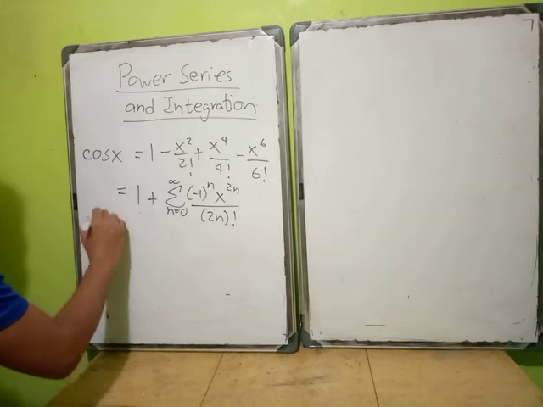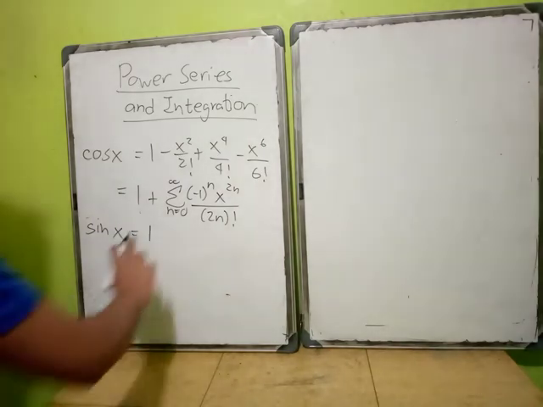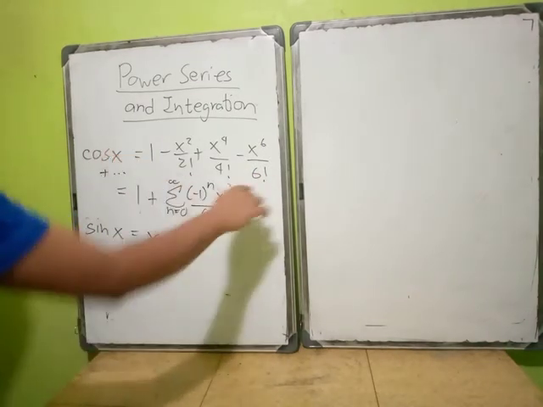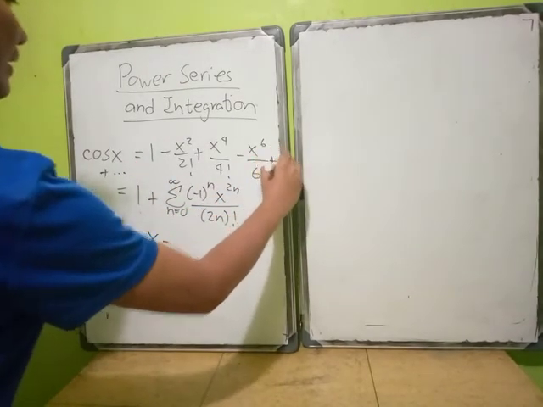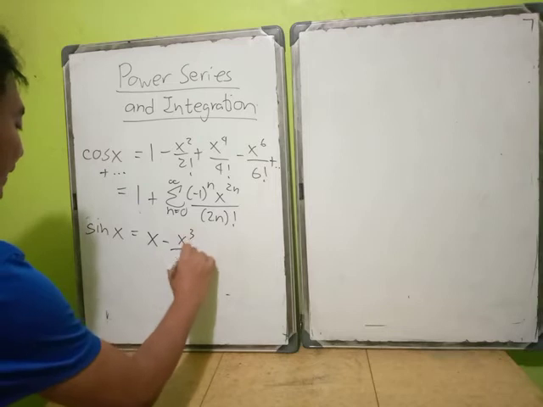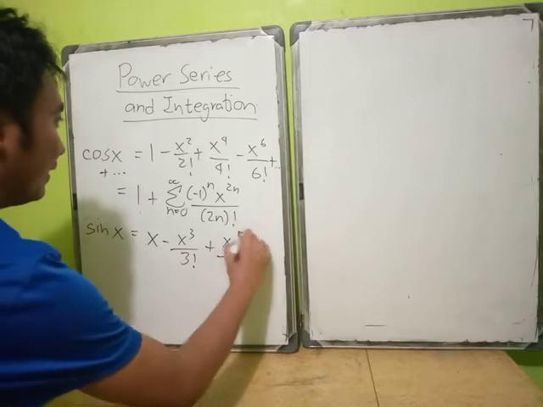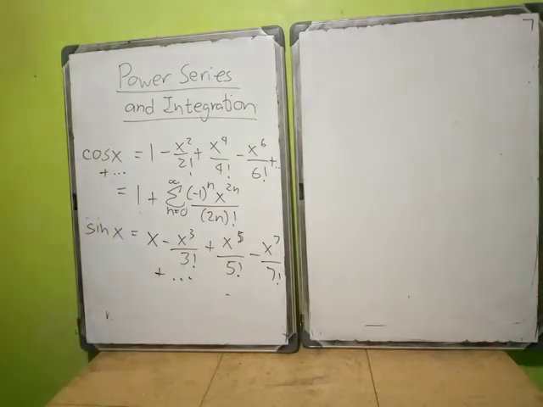Well, the sine of x is equivalent to an infinite sum: x minus x cubed over 3 factorial plus x to the 5 over 5 factorial minus x to the 7 over 7 factorial, and so on. So that is sine x.